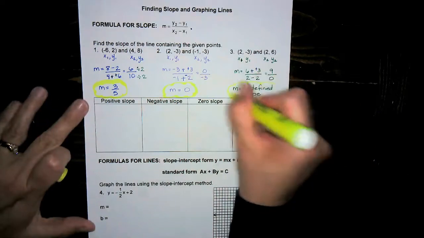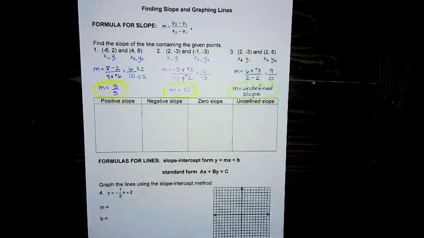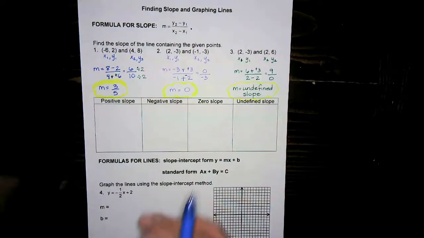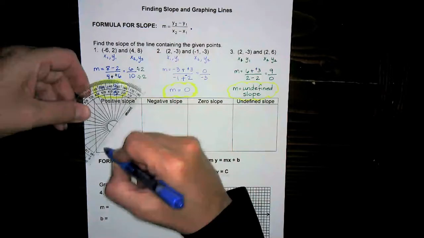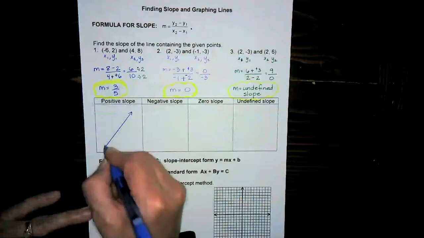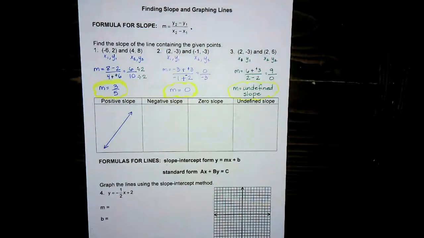Well, let's take a look at, in these boxes here, I want to draw just a general shape of lines that have a positive slope first. So a positive slope leans to the right. I'm going to just use this little protractor here as a straight edge. So positive slopes lean to the right.